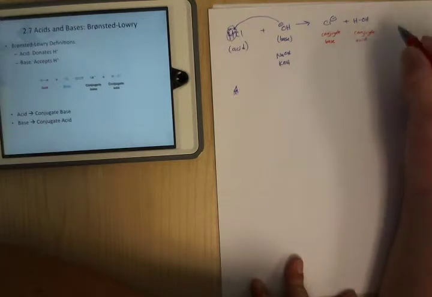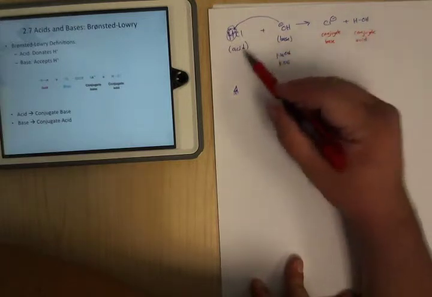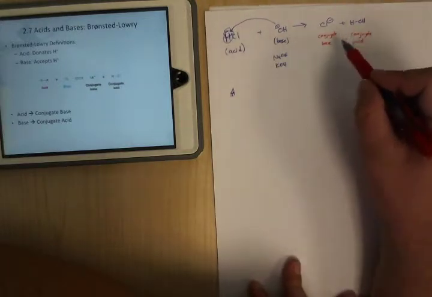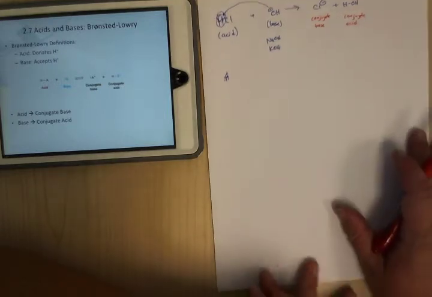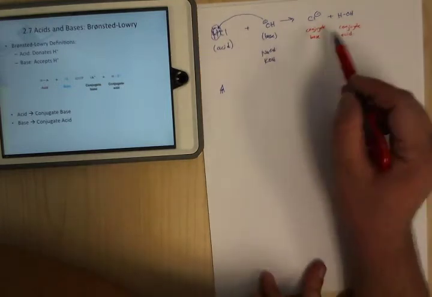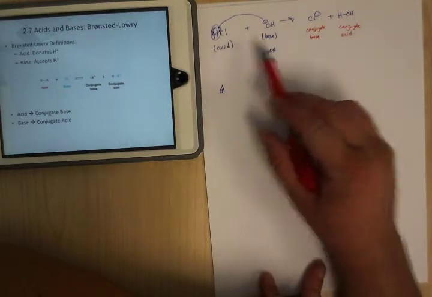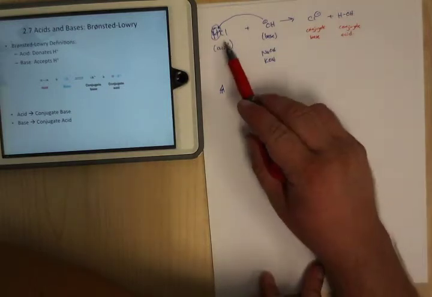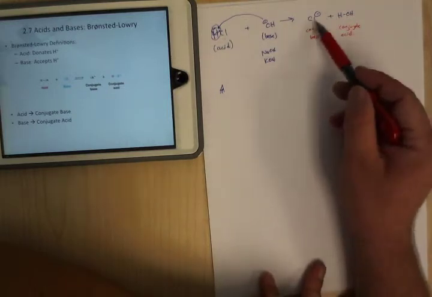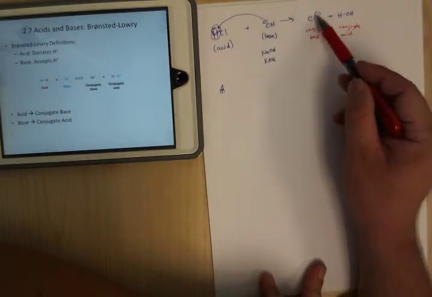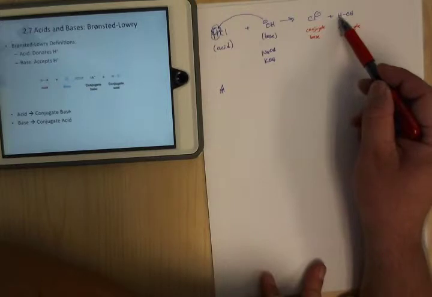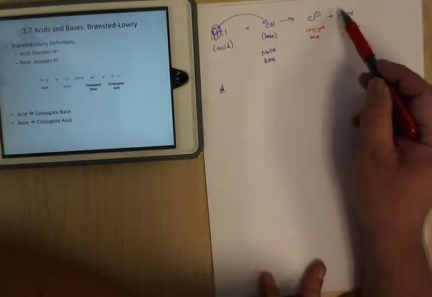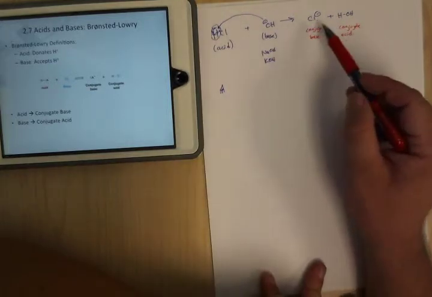I always joke with my students that they just did this to screw around with the general chemistry, freshman chemistry students, with the naming. But this becomes important later. If you run the reaction backwards, this one is the base. It comes in and grabs that hydrogen, so now it's acting like a base because it's grabbing it. That's where the name comes from.